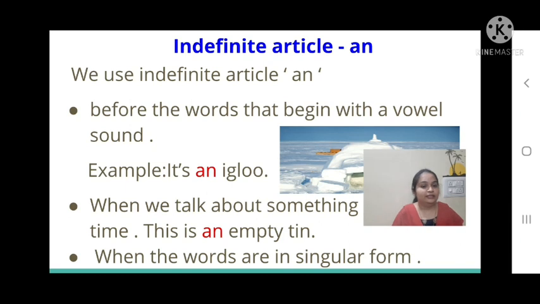We should also be talking about it for the first time, and just like a, the word should be in singular form. See the examples: it's an igloo, this is an empty tin. In both igloo and empty tin, the words start with vowel sound letters I and E, we are talking about them for the first time, and they are singular.